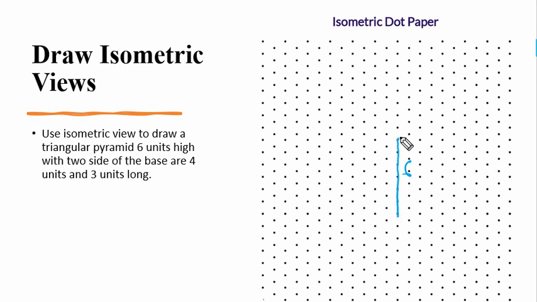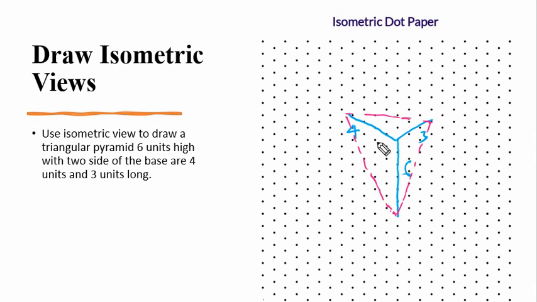This is your height. From here take base 1, 2, 3, and here 1, 2, 3, 4, right? Now you just have to connect them like this, and this will be your triangular pyramid.